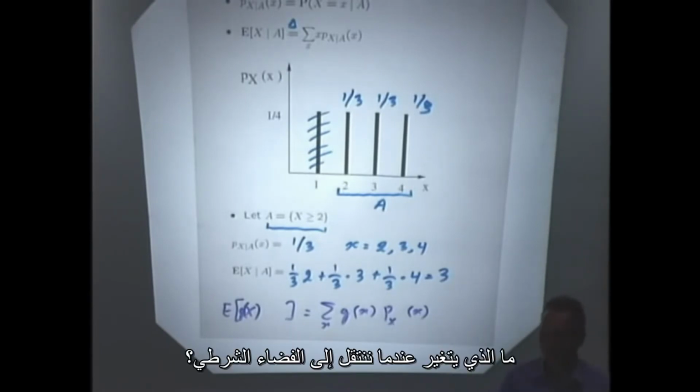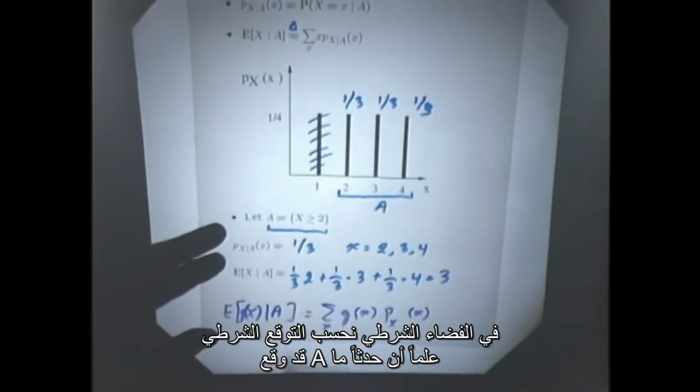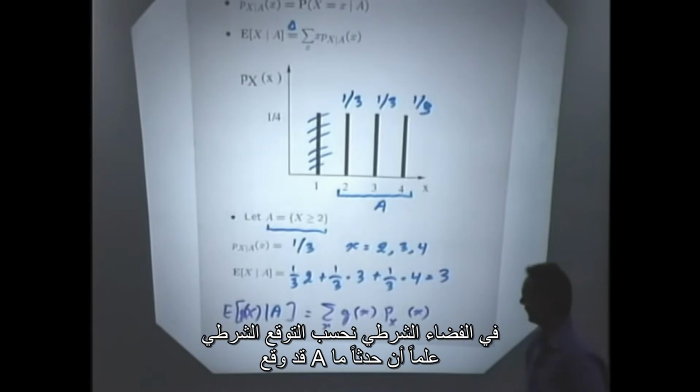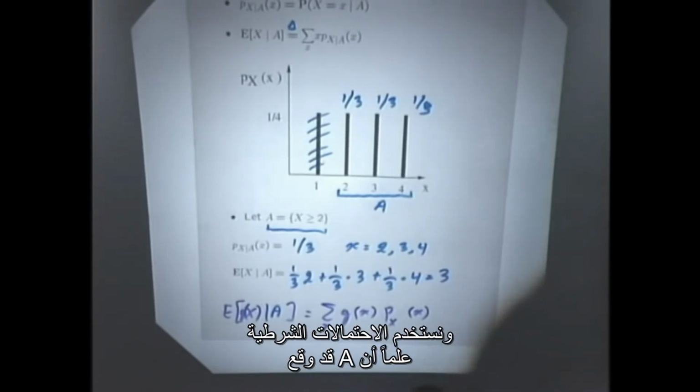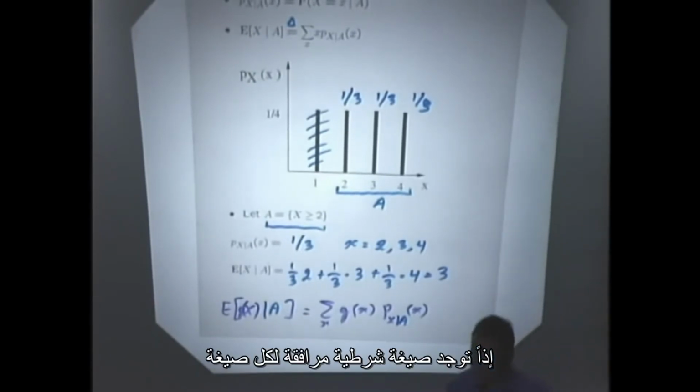If we move to the conditional universe, what changes? In the conditional universe, we're talking about the conditional expectation given that event A has occurred, and we use the conditional probabilities given that A has occurred. So any formula has a conditional counterpart.